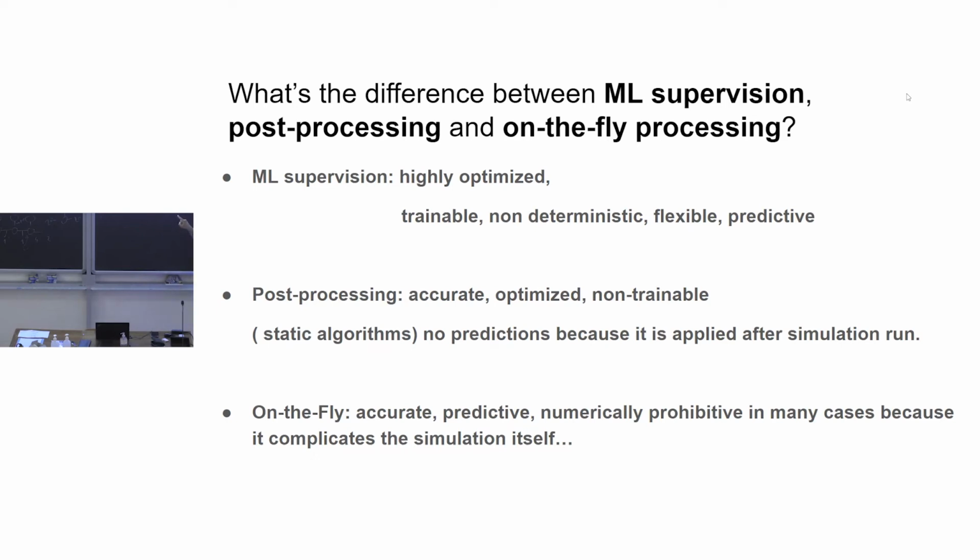Because post-processing can be as accurate as you want, can be optimized, but it is not trainable. The simulation is done. What you get, you have it. That's it. And it doesn't help to predict anything unless you rerun the simulation. On the fly, that's a better solution. So if you can wait, I don't know, 3 years before having a paper, good luck. So the intermediate solution is to get help from machine learning.